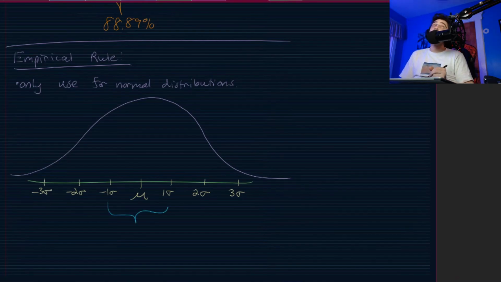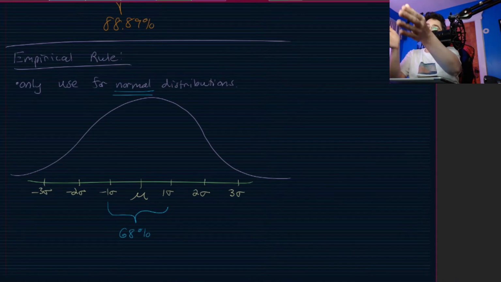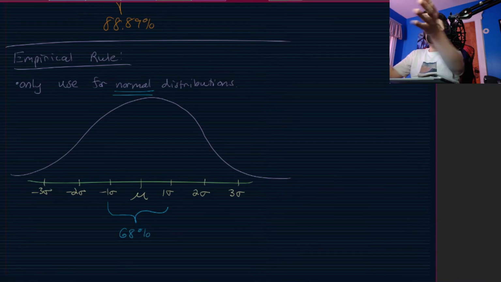And so the empirical rule tells us that, if it's a normal distribution, right? Very important. If it's a normal distribution, approximately 68% is going to be within 1 standard deviation away from the mean. So if we go 1 standard deviation to the right and 1 standard deviation to the left, 68% of the data will fall between those two values. That's what that's saying.